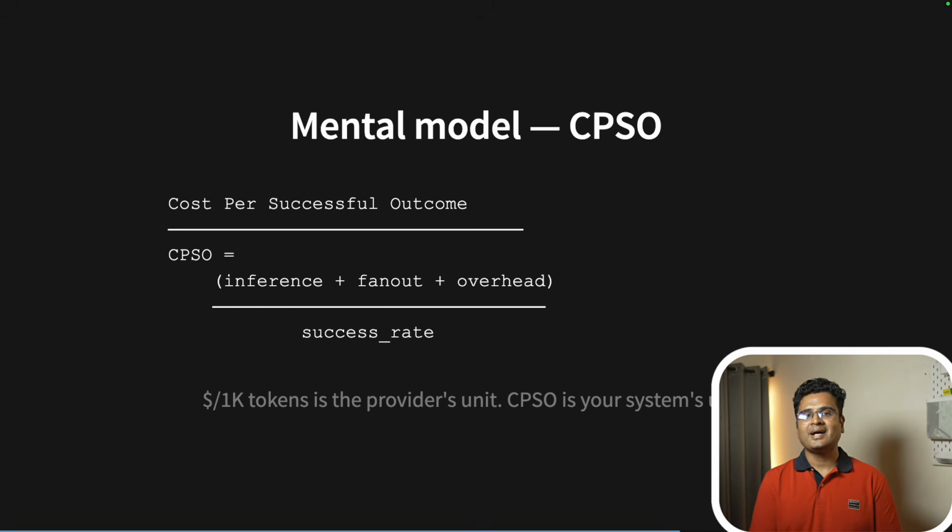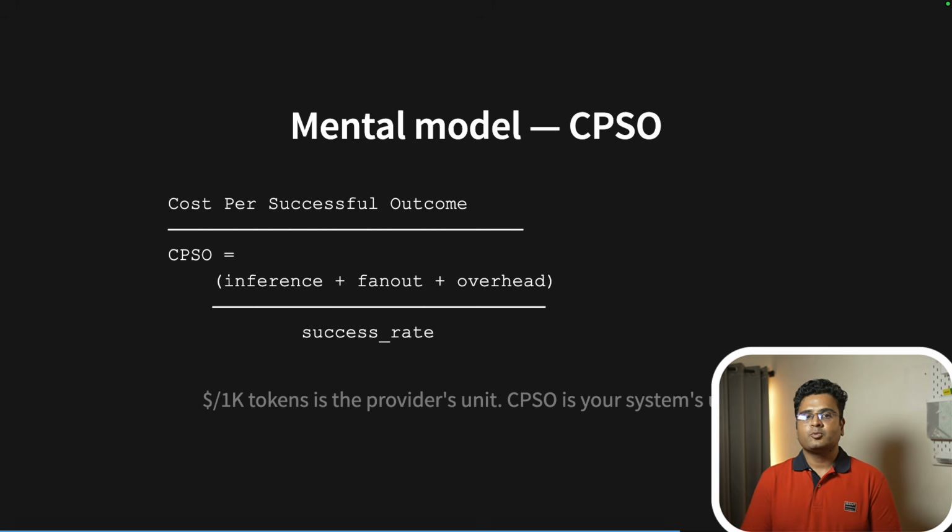So CPSO has a clean formula at the back of the napkin level: inference cost plus fan out cost plus overhead cost, divided by the success rate. Now let me walk through why this formula is operationally different from dollars per token. The numerator is the total spend across the surfaces: your inference, retry, eval tax, infra overhead.